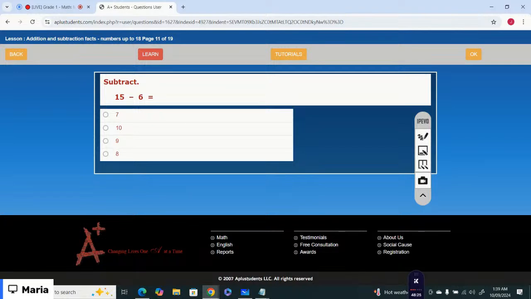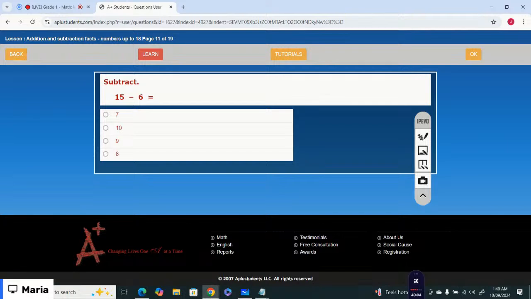So, which is the correct option? 15 take away 6 is? Yes, 9 it is. Okay, you can complete the lesson by yourself later today.